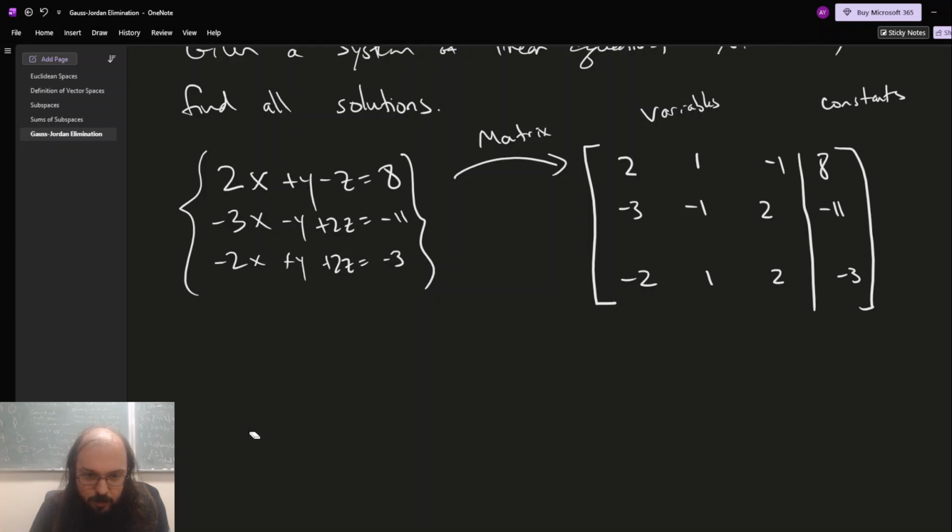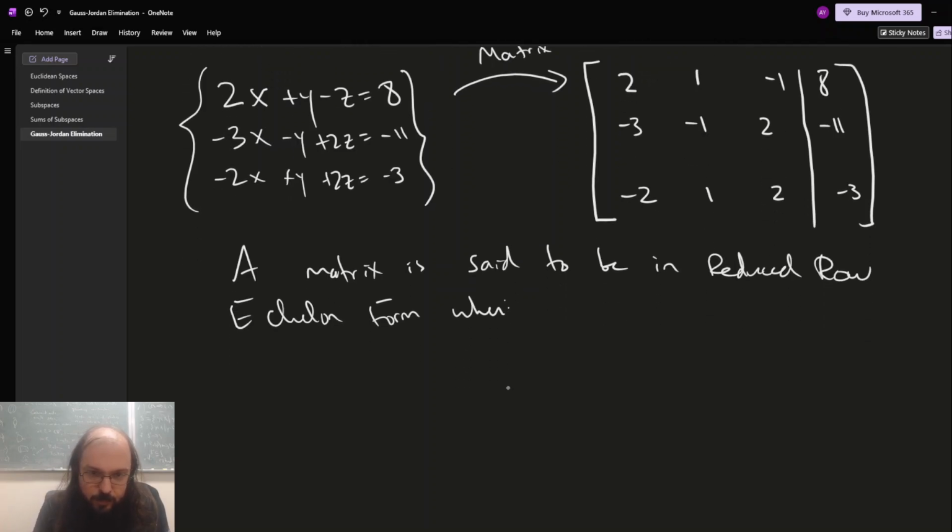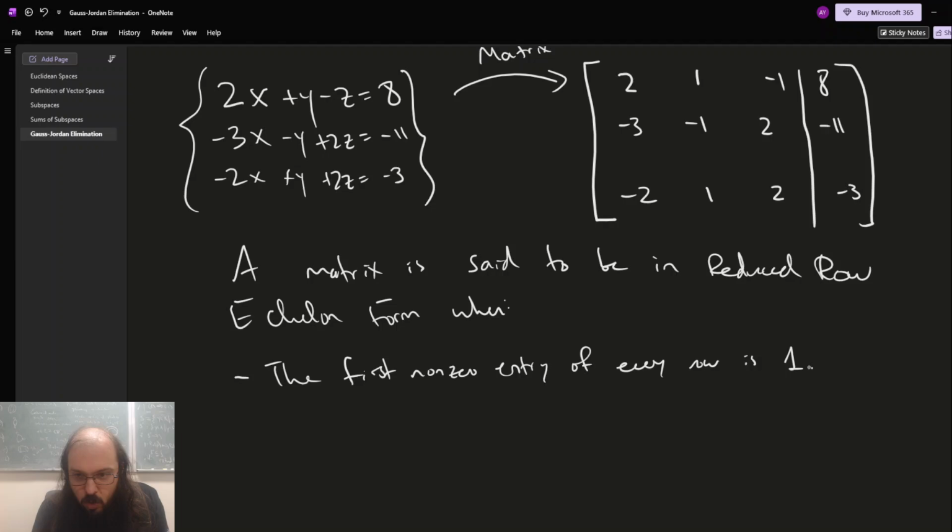And I'm going to give the definition now. A matrix is said to be in reduced row echelon form when the first non-zero entry of every row is 1.